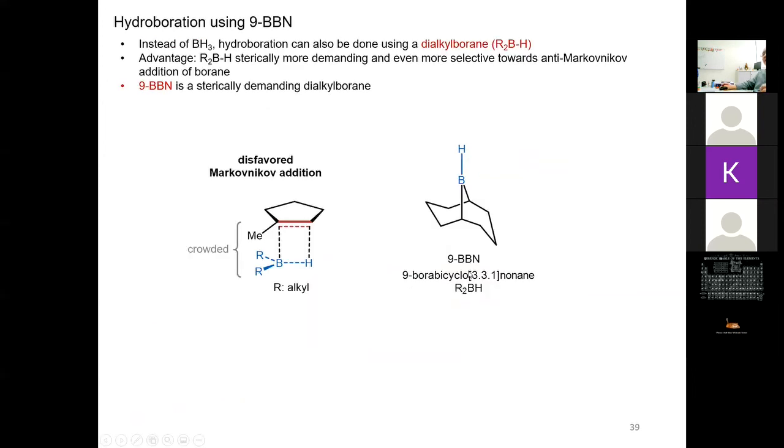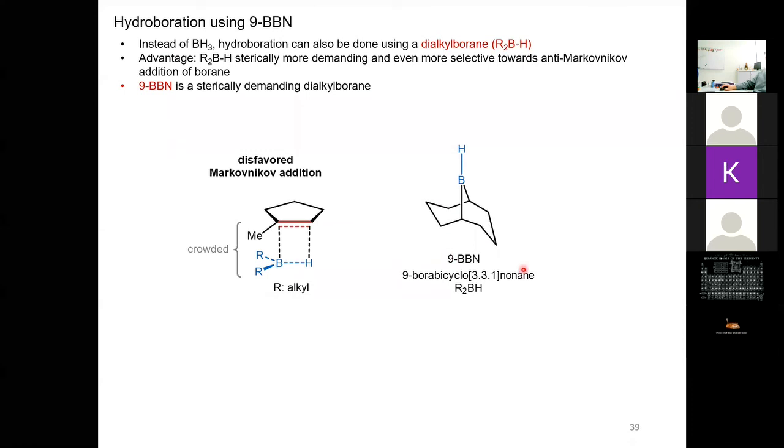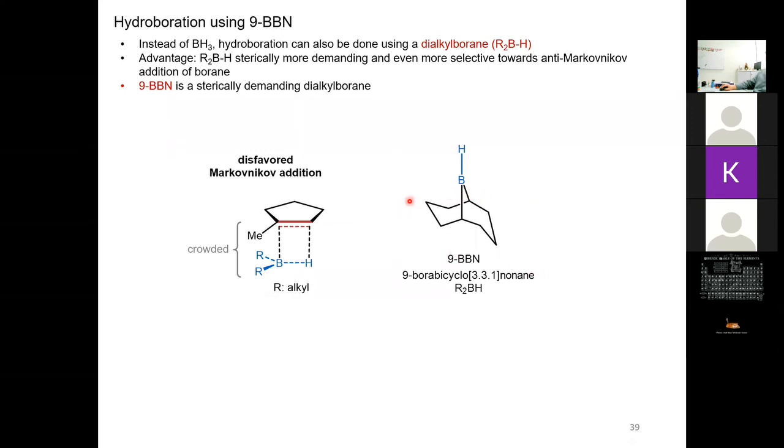And a lot of organic chemists are very smart. So they think, if the third step is very regioselective, how about we just use a borane that is very big? For example, if we directly use a dialkyl borane like 9-BBN, this is a borane which is sterically demanding. It has a very big bridged ring structure.